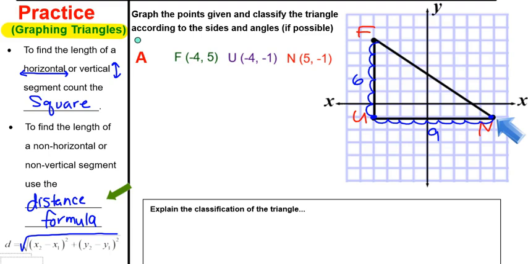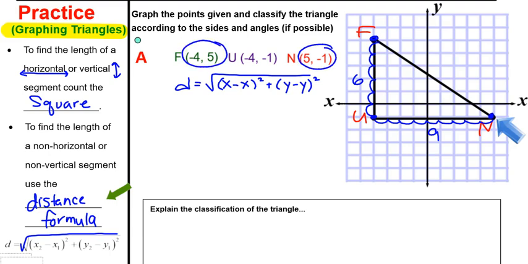And then the last point, or the last side, the FN side, we have to measure that. And notice that that is one of those non-horizontal or non-vertical segments. We will use our distance formula. So again, remember the distance formula was x minus x squared, and then y minus y squared, and we're doing it from F to N. So we're going to be using these numbers and these numbers.